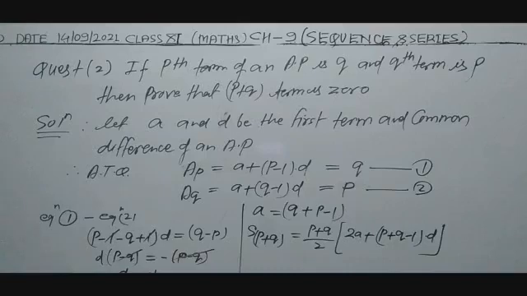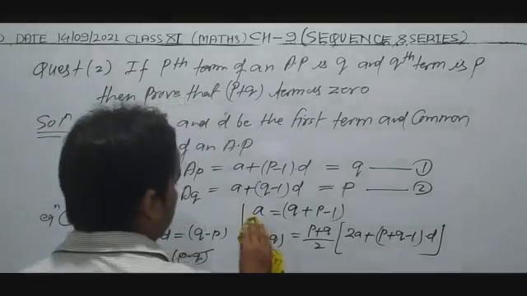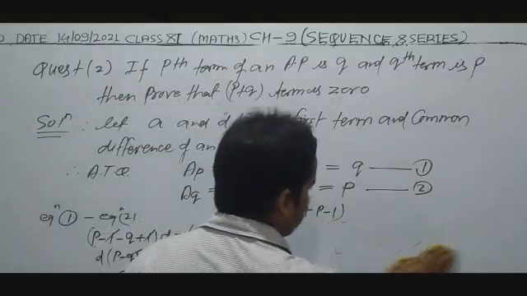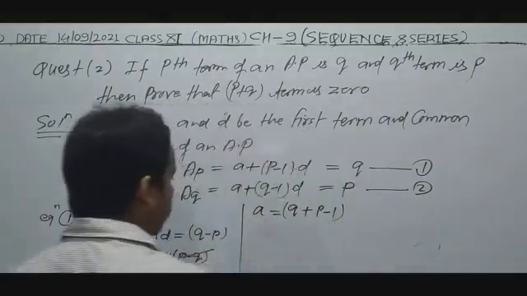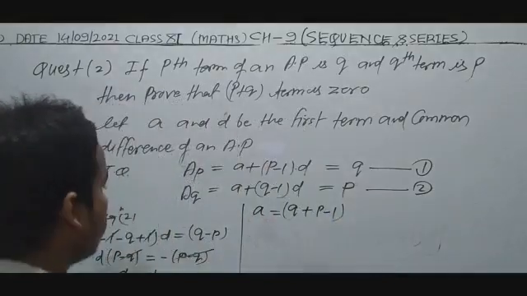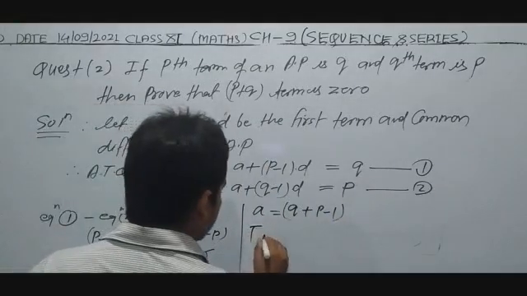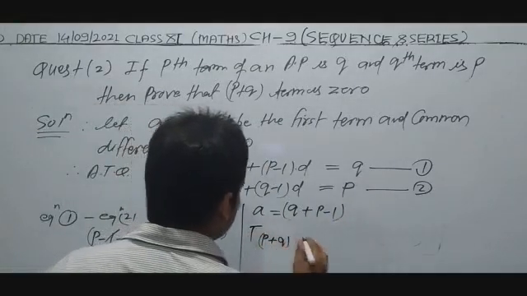So what value will you get? Here I will apply the formula Tn. So T of P plus Q is here. Tn means AP plus Q, not the sum, is given. So T of P plus Q we have to calculate.